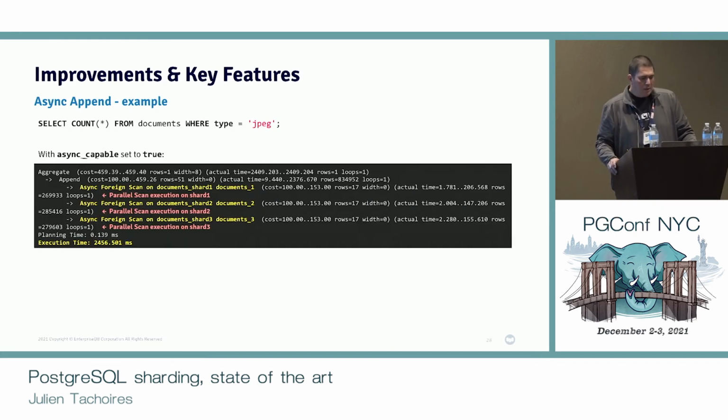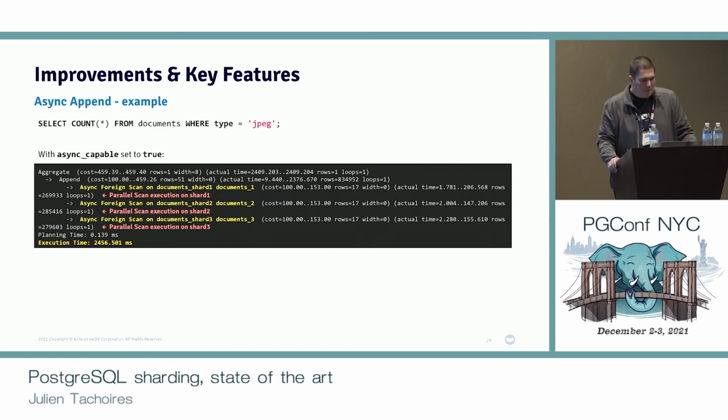Now, let's do the same thing, but with the async_capable parameter set to true. In this case, instead of just foreign scans, we can see some async foreign scans issued, meaning that each scan is executed in parallel at the shard level.